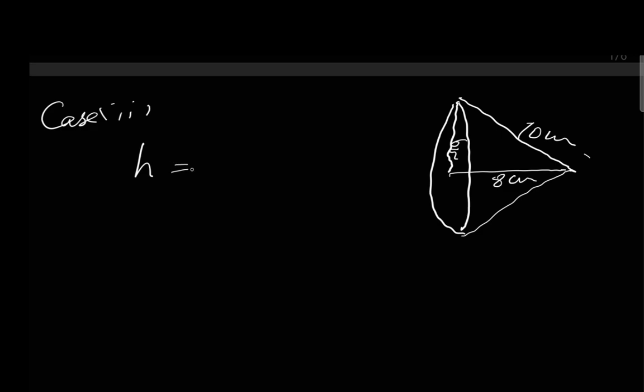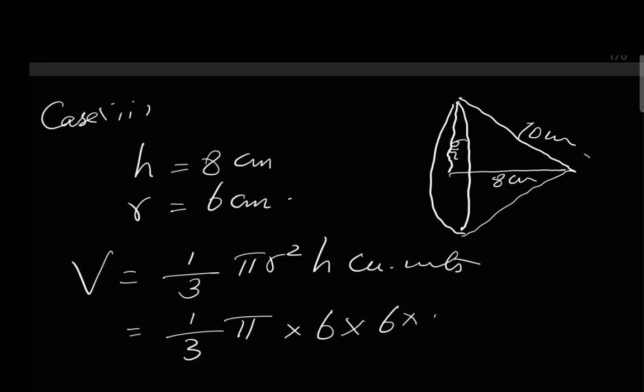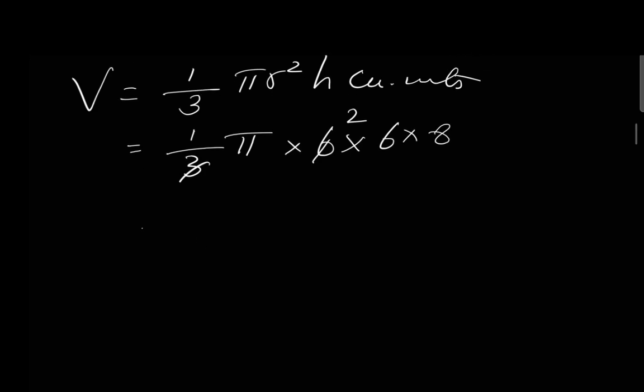H is equal to 8 centimeter and radius is 6 centimeter. Again in this case the volume is 1 by 3 pi r squared h cubic units. So 1 by 3 pi, r is 6 into 6 into 8. 3 goes here 2 times. 6 eights are 48, 48 twos are 96 pi centimeter cube.